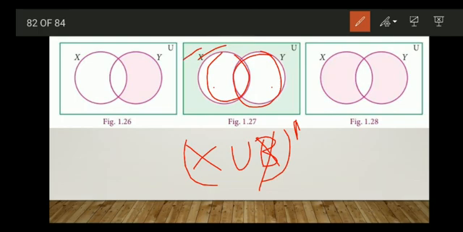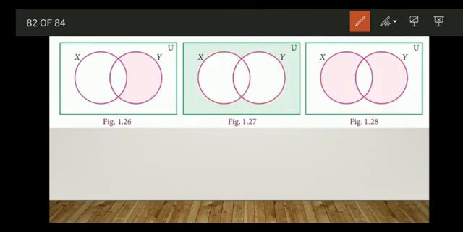That is, elements are only in the universal set, not in X union Y. So this will be X union Y, the whole complement, right? See this third figure. What will this one be? Only the common portion of X and Y is not shaded. Then this is X symmetric difference Y, right?